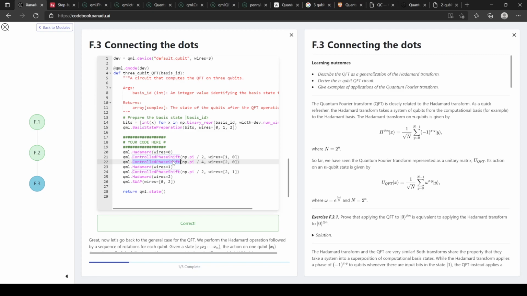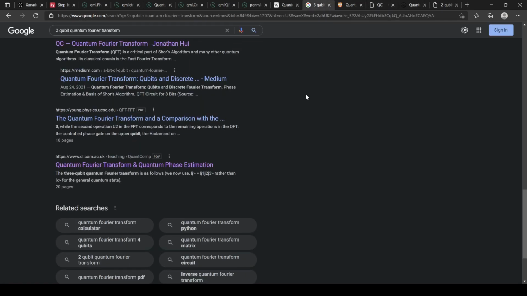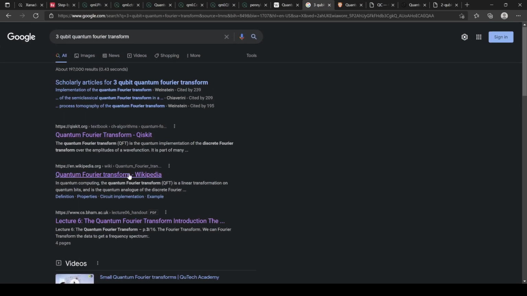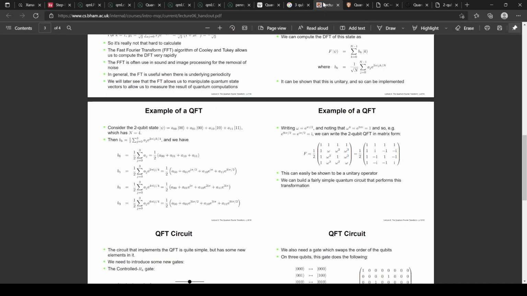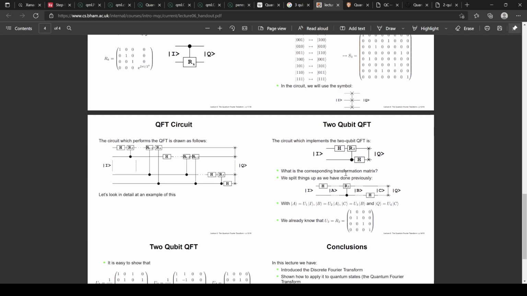But I still don't understand why this isn't anything. I don't know what their quantum Fourier transform is doing, or what this version is doing, right? Because this should be the actual quantum Fourier transform. Like if I do this out, this is what I'm doing, right?